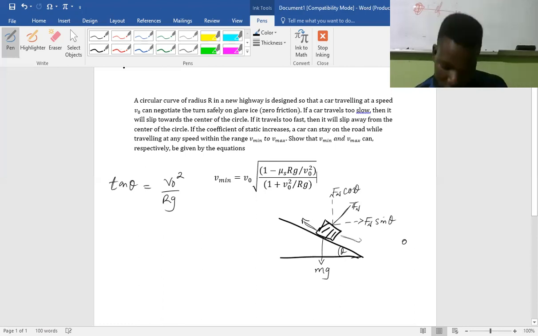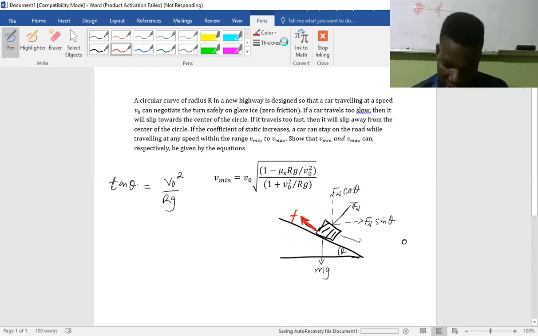I hope you are seeing what I'm doing. Friction force is going to be in that direction. The direction of friction force is that one, since the car is going to slide downward, and friction force is the opposing force.